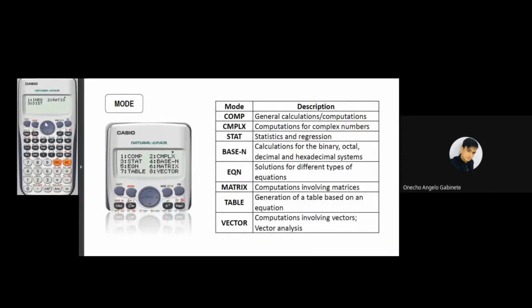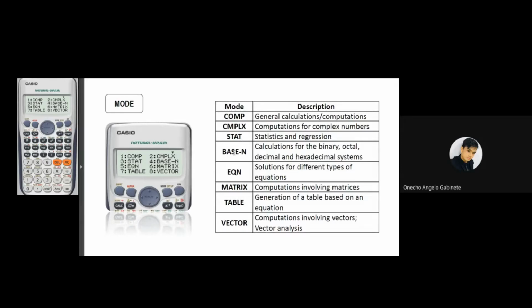So ano yung mga ibig sabihin ng mga to? So comp is general calculations. Ito yung usually ginagawa natin. Complex, ito po yung pagtutuunan natin ng pansin mamaya for complex numbers. Makakapag-solve din po tayo ng statistics problem, mga basic.